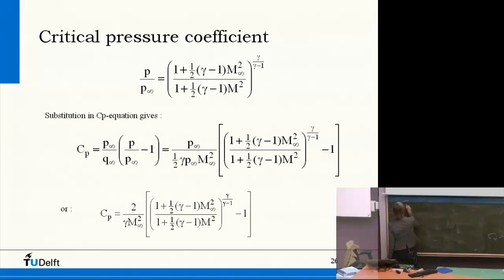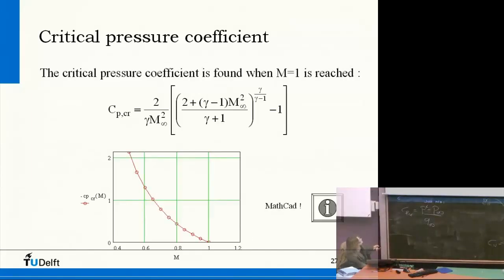Cp critical is P minus P infinite over Q infinite, and this is then the P at the point where Mach is 1. So fill in M is 1, and then we find this relation.